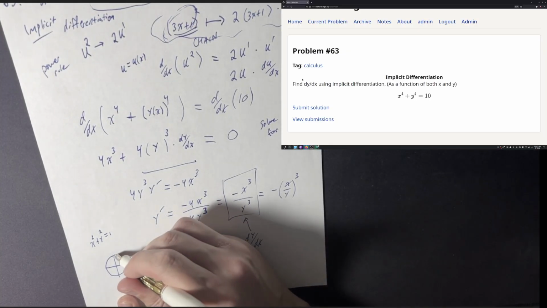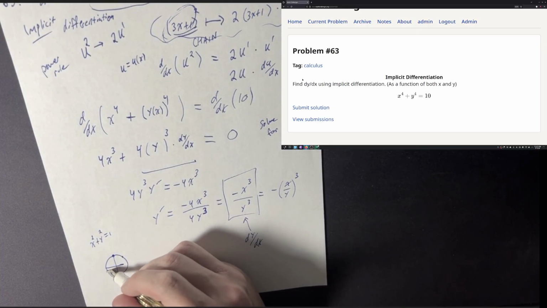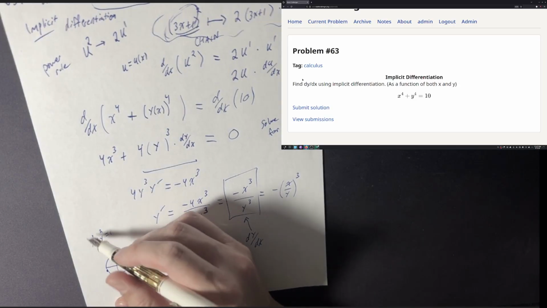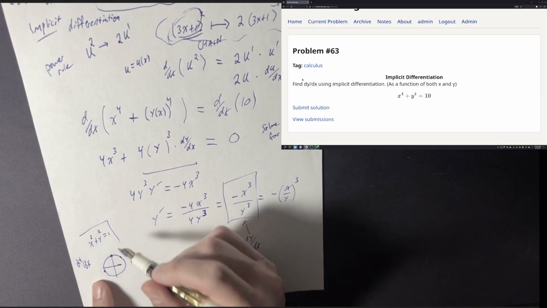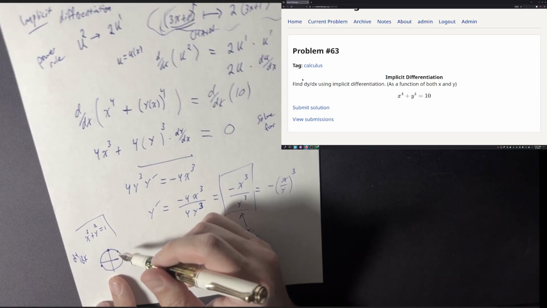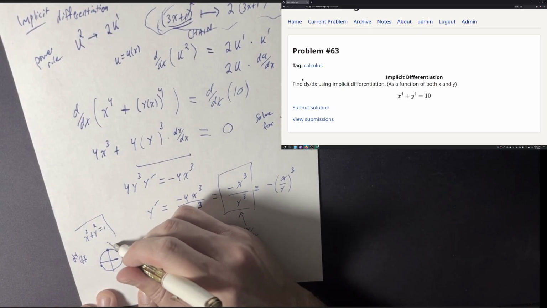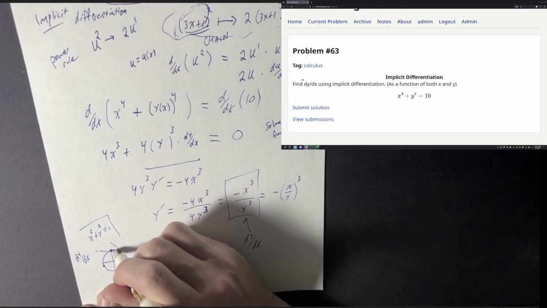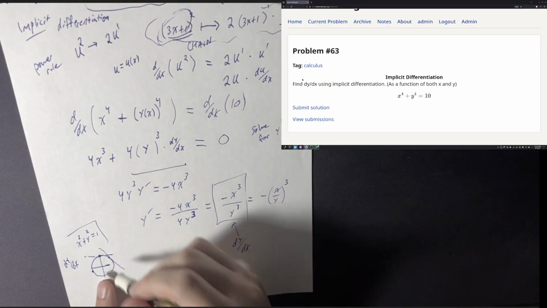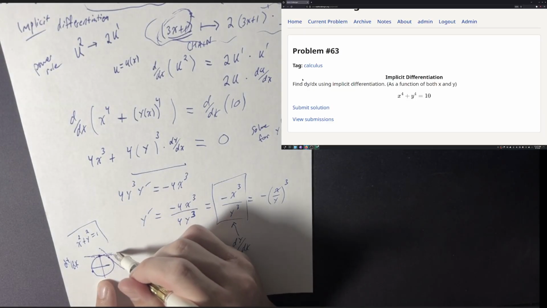Or right here? If you wanted to find dy dx of this expression, notice that it depends on both x and y. Here the slope is the derivative there, but up top the slope is 0. So it looks like if x is 0, we're getting a slope of 0.